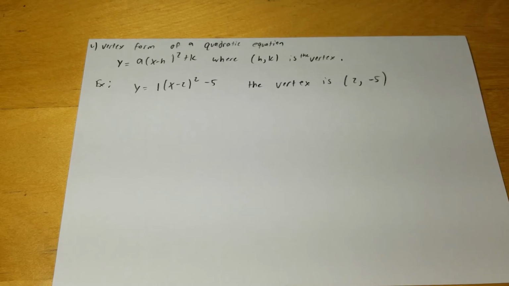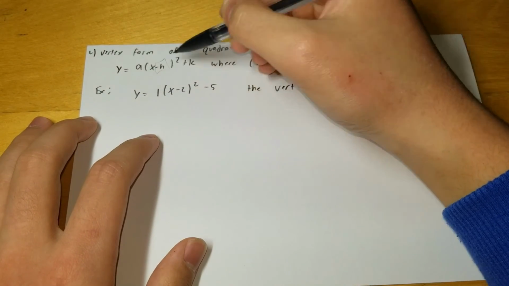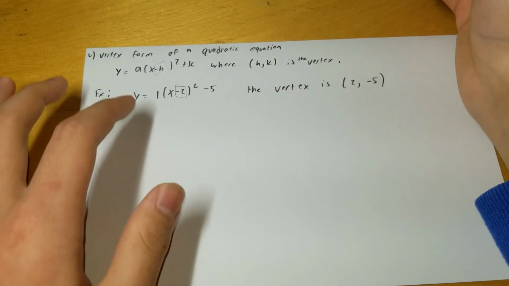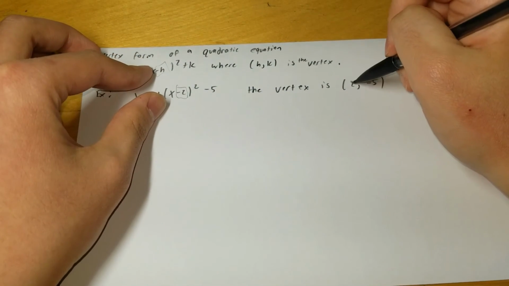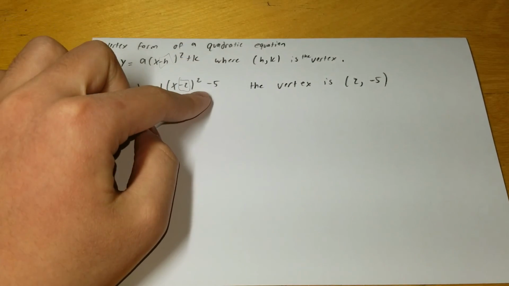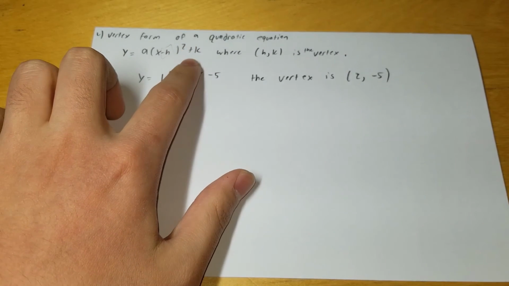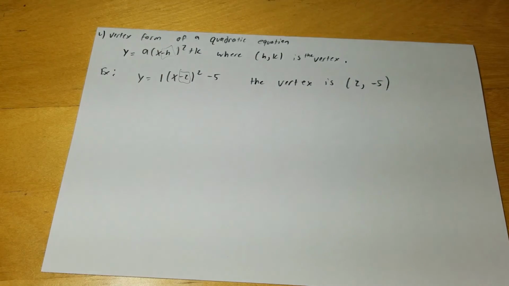So basically x minus h, and that perfectly makes sense because the vertex will be 2, right? And since it's plus k, but this is negative 5, this would have to be negative 5 because the original formula is plus k and minus h. Okay, move on.